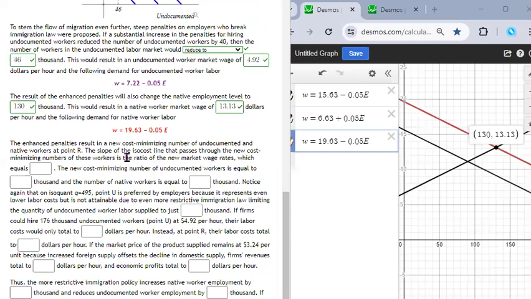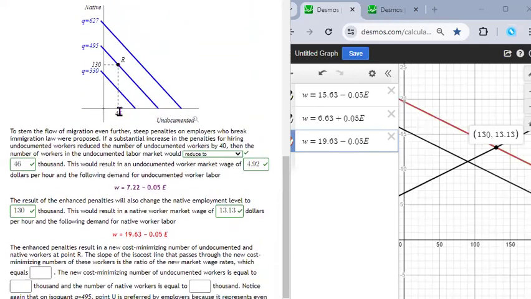The enhanced penalties result in a new cost-minimizing number of undocumented and native workers at point R, right? So this is the new level, 46, that we got there. That's the new level of native-born workers, 130, which we have there, right? So we have this new point. We're still producing 495 units, right?